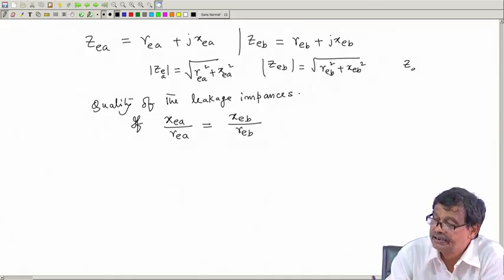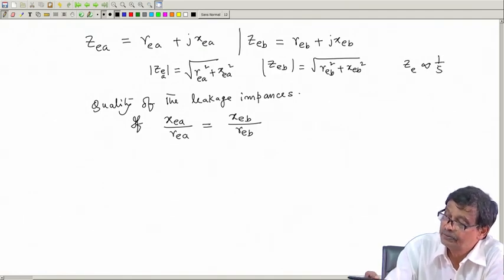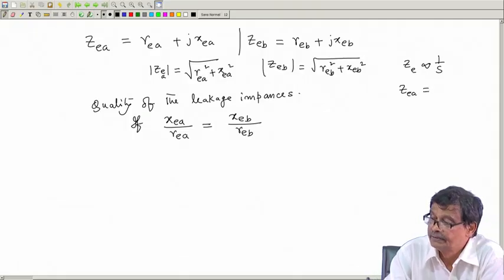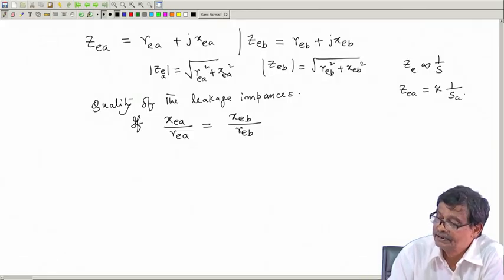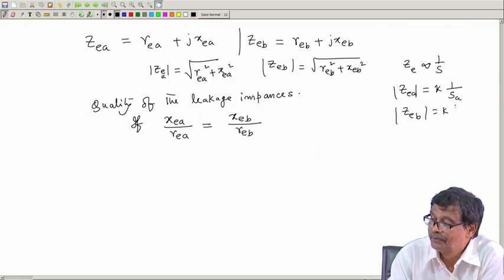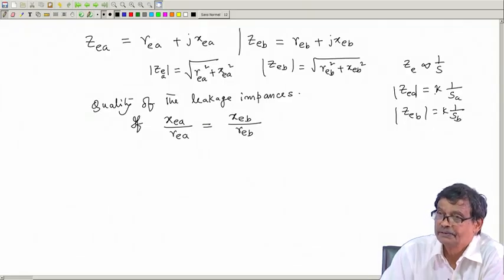I have seen that JDA is equal to some K times 1 by SA, the KVA rating, so JDB magnitude is the same K times 1 by SB, that we have seen.